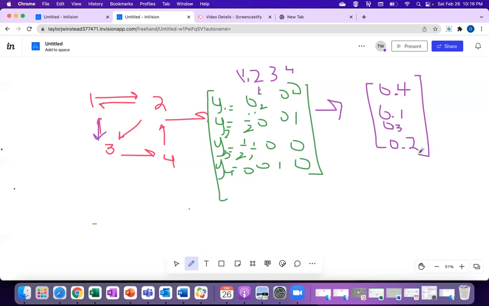So when you figure out the equilibrium distribution where A times X equals X, you figure out what x1, x2, x3, and x4 are all equal to.